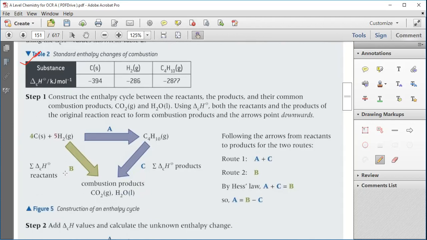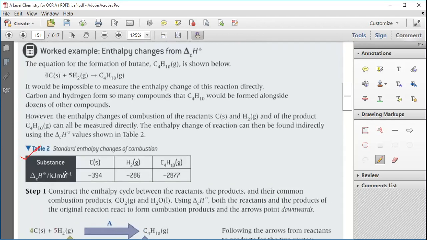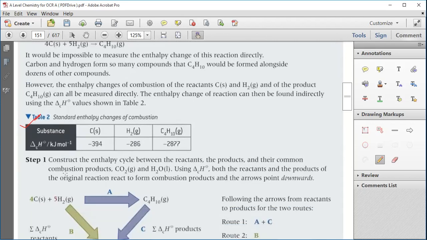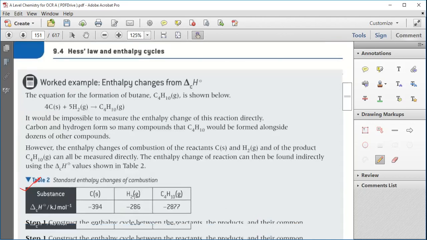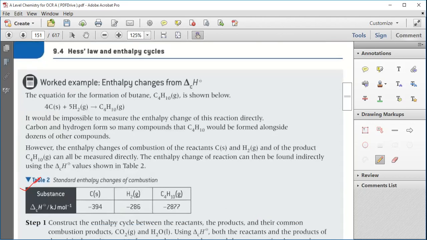In step 1, A is going from the product to reactants. When this is your reactant, this is your product. But look at the bottom bit, the equation is of formation of butane. Butane is C4H10.